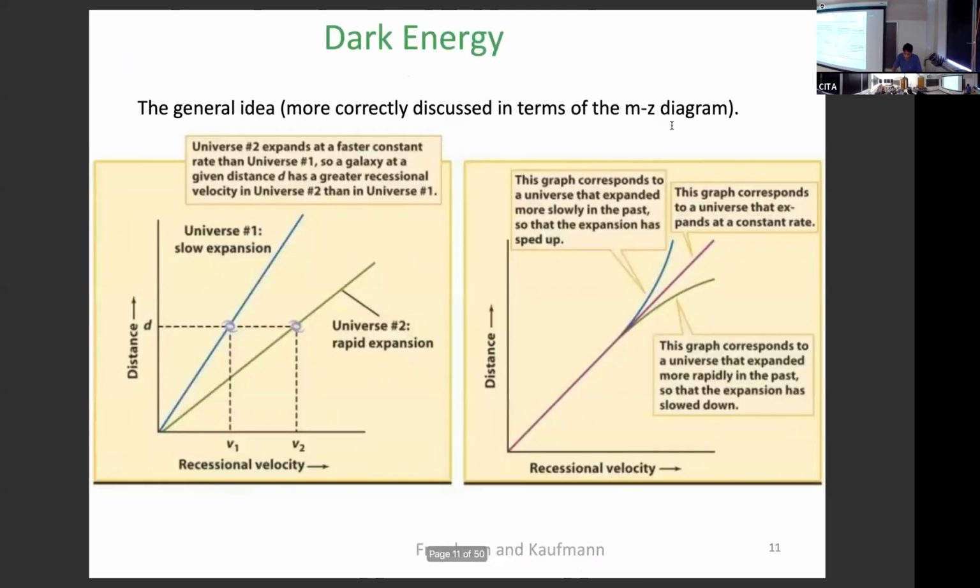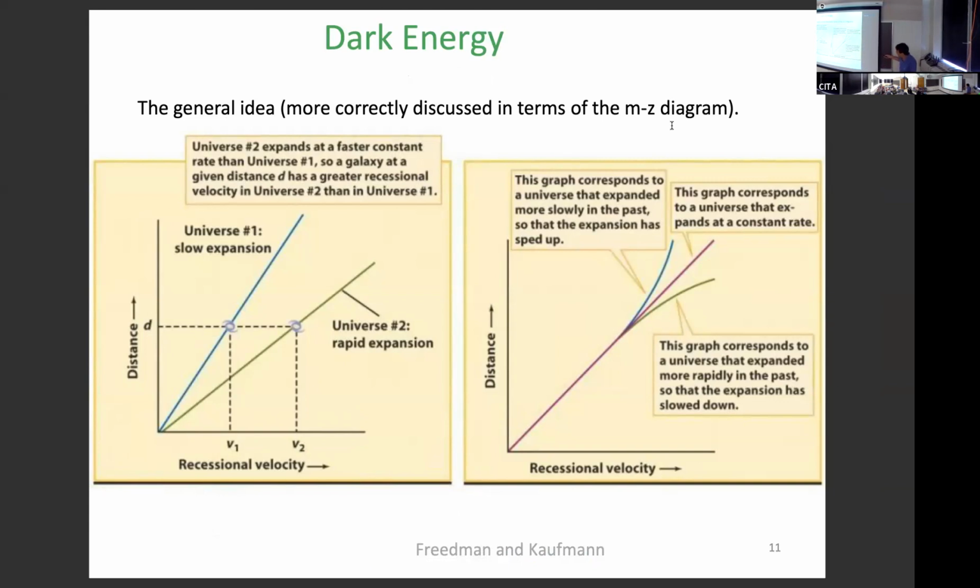So we know there's dark energy because of the supernovae observations, and this is a cartoon description of what that tells us. So we can have expansion laws in two different universes, one that expands slowly, one that expands more rapidly.